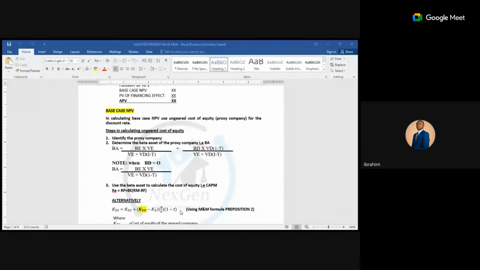Then use the asset beta calculated to determine the cost of equity of the ungeared company using CAPM, where your asset beta will become your equity beta. Don't forget, this is an assumption that the project will be financed by equity.